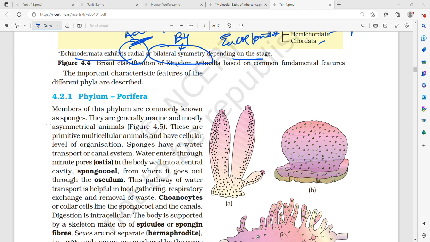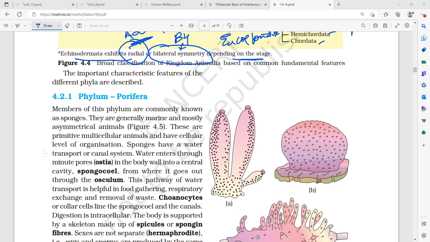Porifera has cellular level of organization. Then your Coelenterata as well as Ctenophora, both of them have tissue level of organization. Platyhelminthes alone has organ level of organization, and from Aschelminthes till Hemichordata, all of them have organ system level of organization. Then comes your digestive system.